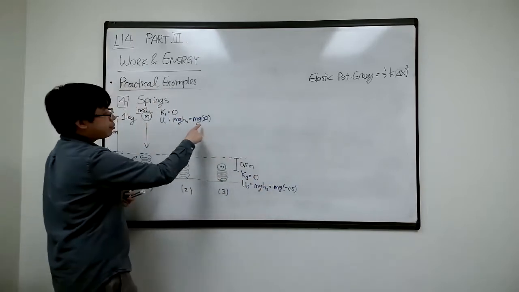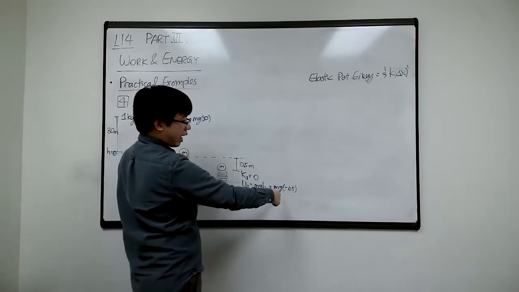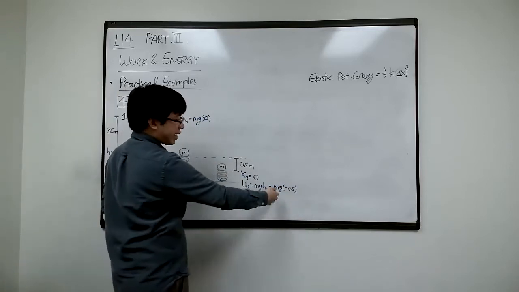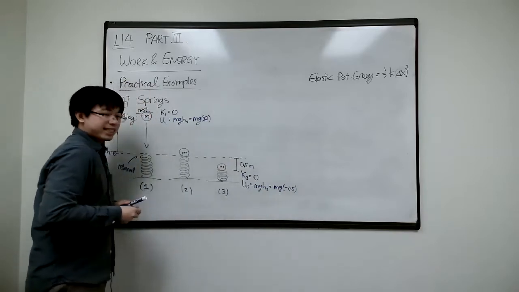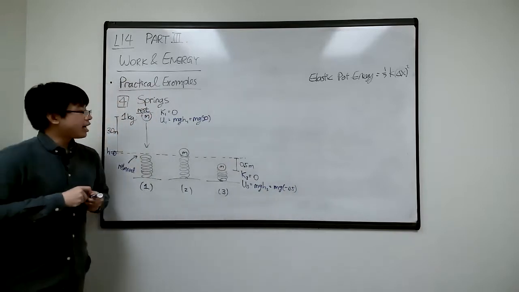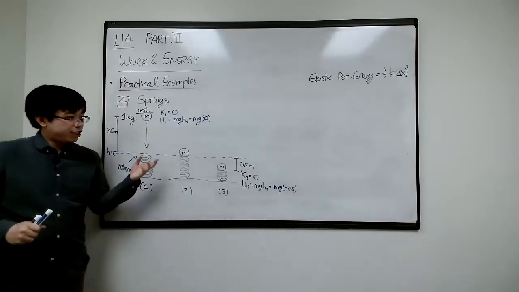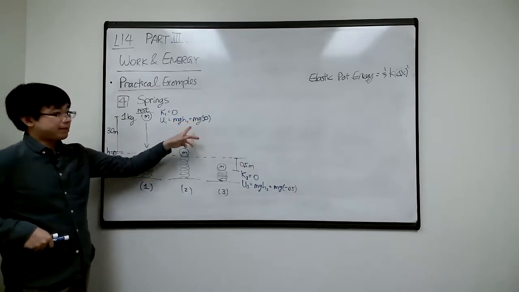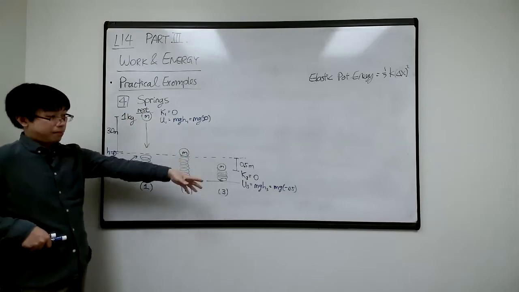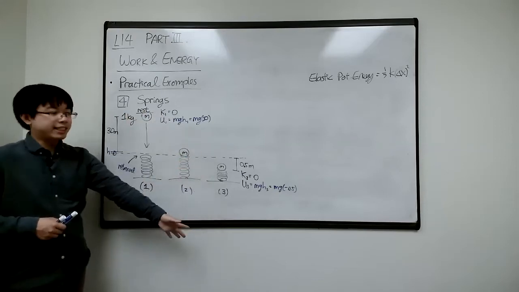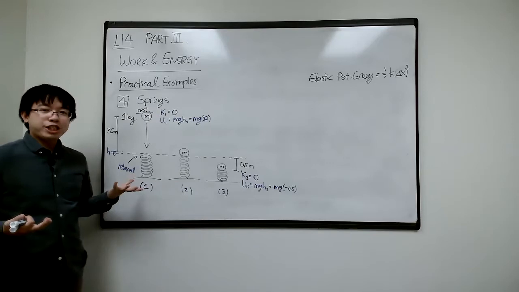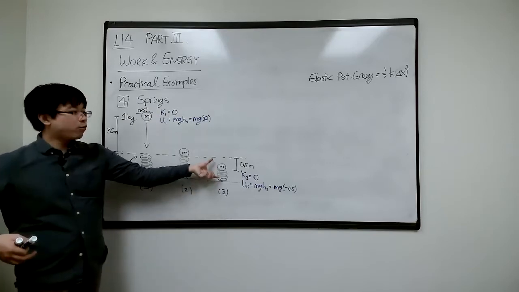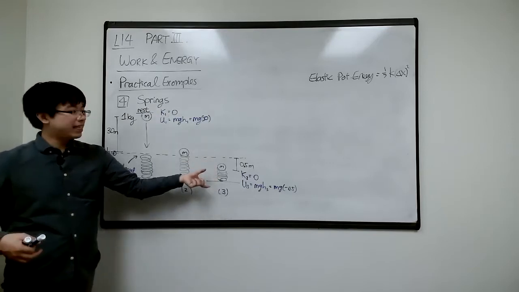It went from mg times 30 to mg times minus 0.5, so did my gravitational potential energy increase or decrease? Clearly decrease. So where did the energy go? Well, it went into the energy stored in the spring.